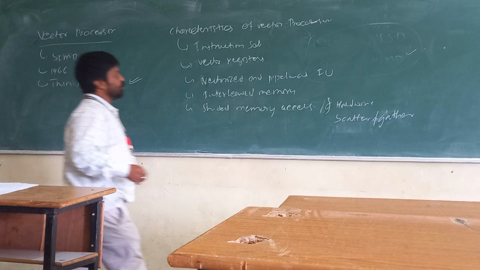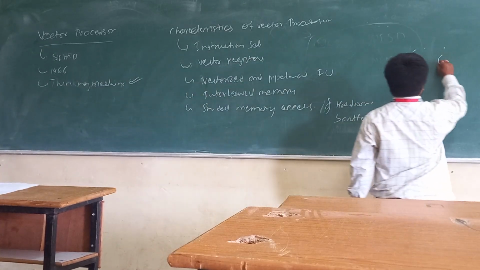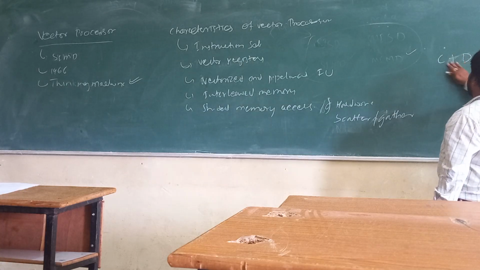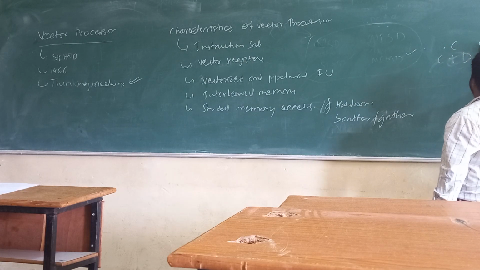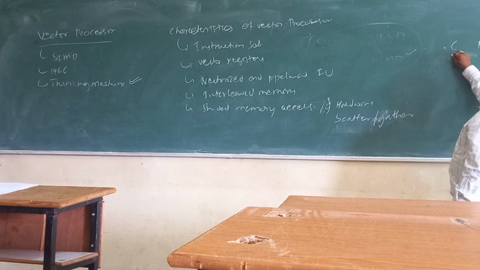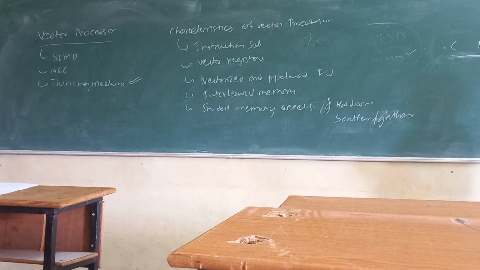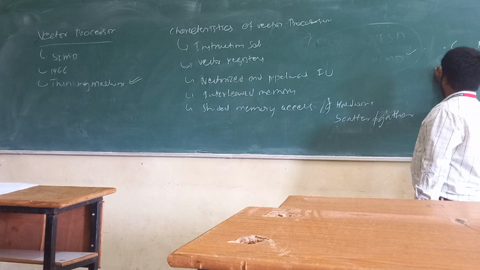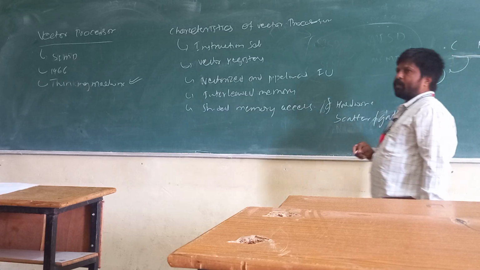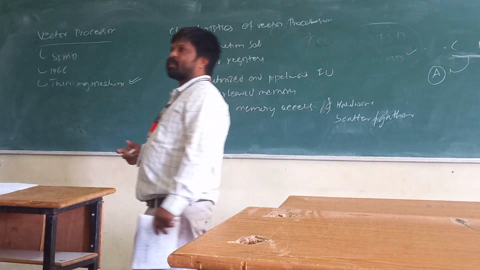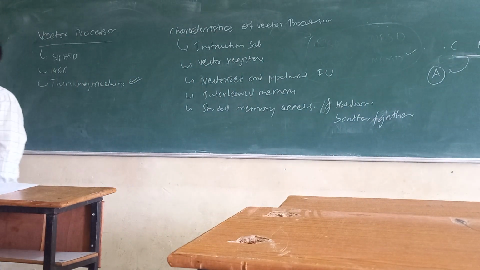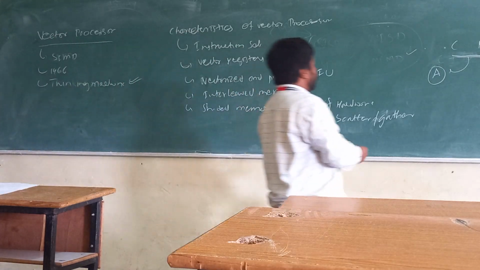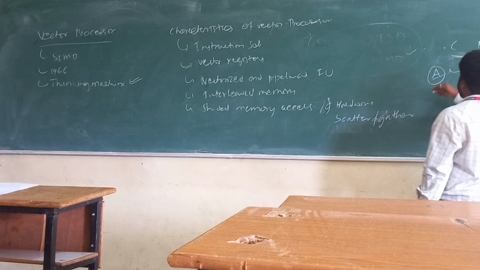If you are performing an operation between registers C and D, the destination register would automatically be the accumulator itself. The accumulator has the capability of storing an operand, and it can also operate.